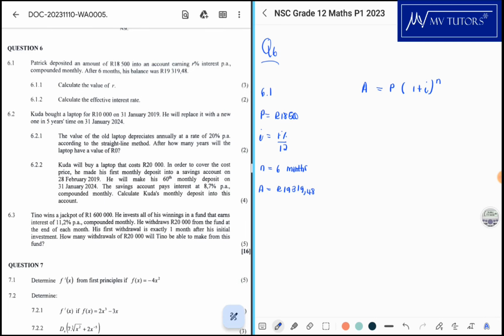And since now we are looking for the interest rate, I'm going to try to write i as the subject of the formula before I start putting in the values. So let me just bubble this. So then I have A over P equals 1 plus i to the power n, and then the root n and the power n are going to cancel, so I'll be left with 1 minus i, so i will be equal to the nth root of A over P, minus 1.